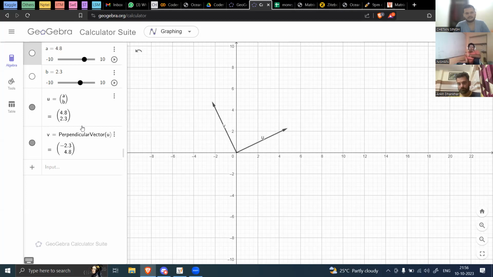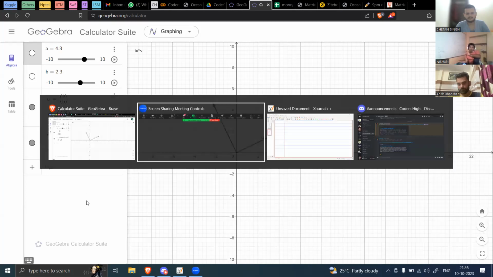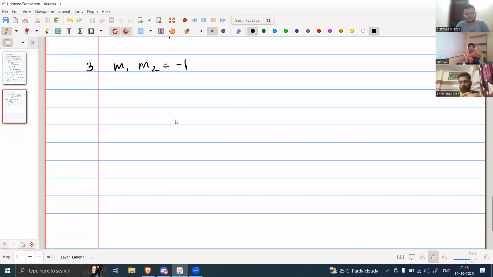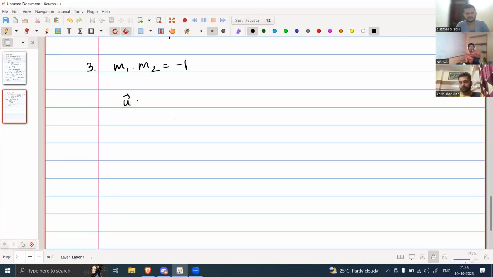If you see these two vectors u and v, if you calculate the ratio y upon x for u and the ratio y upon x for v, the product of those two ratios will turn out to be -1. It is varying such that it always remains -1. So that is an observation we must make.